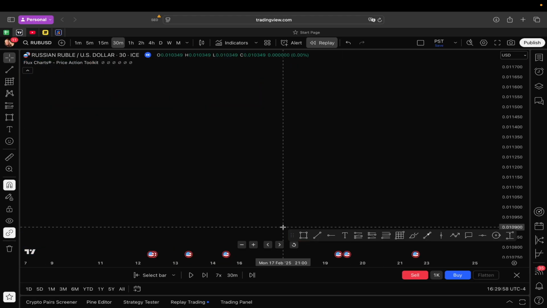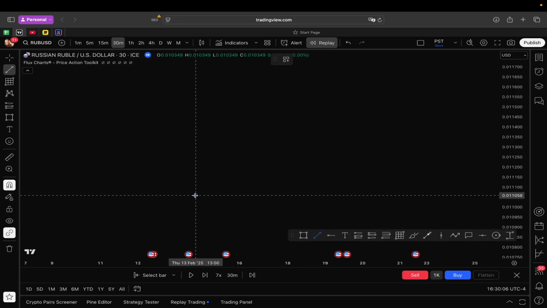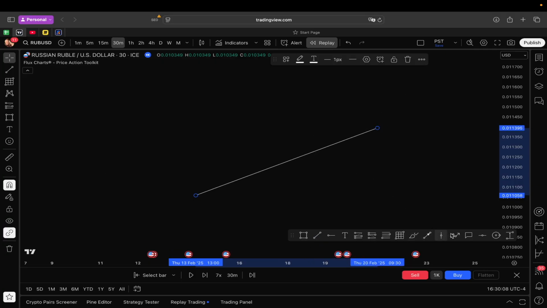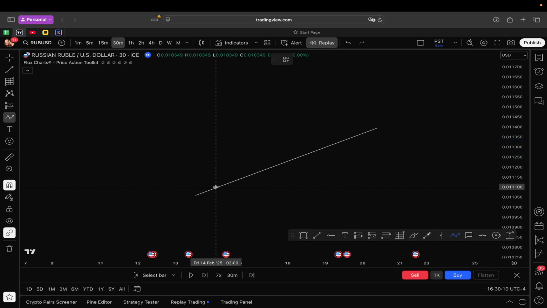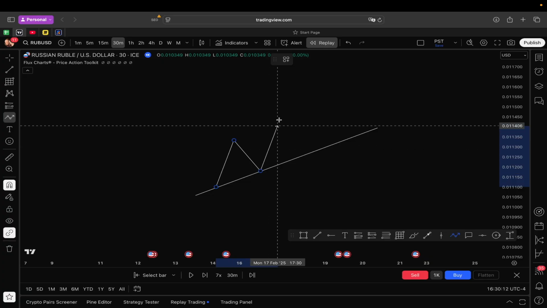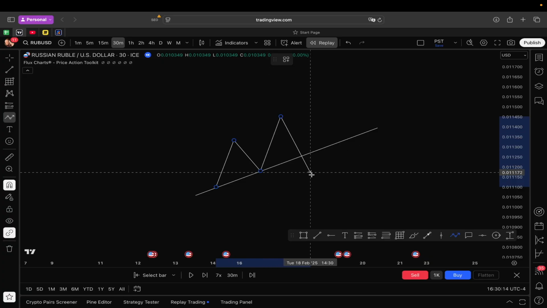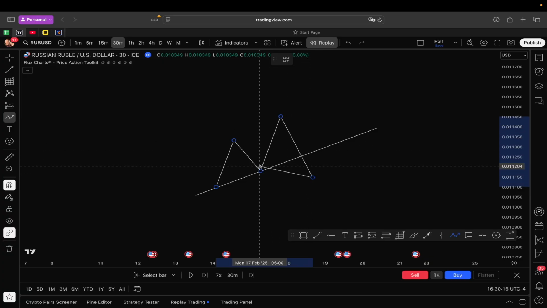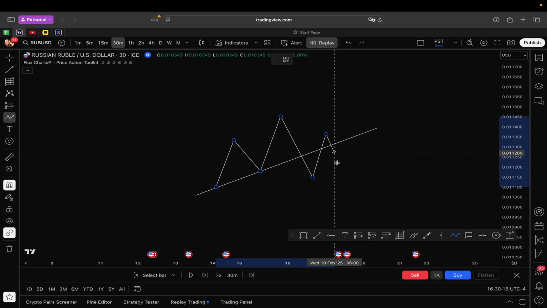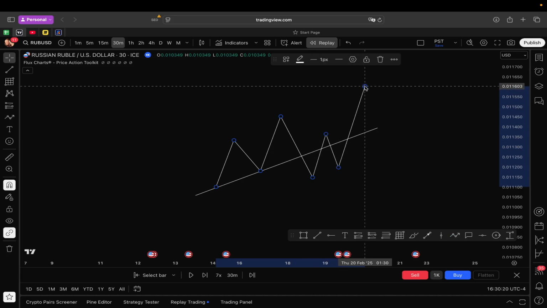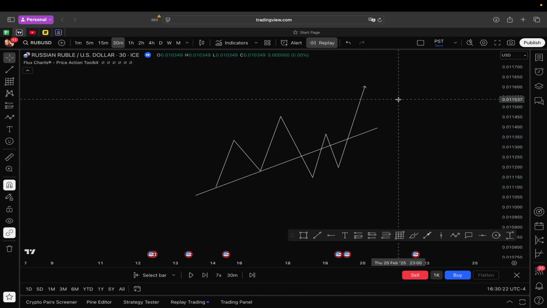All right, so this works literally on any time frame. Price is fractal. So use the trend line as an easy way to spot a fake out. So if you have a trend, you wait for the liquidity to be taken right over here, and then you find your entry model to continue in the original direction.